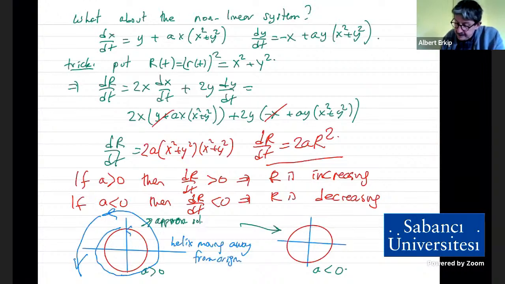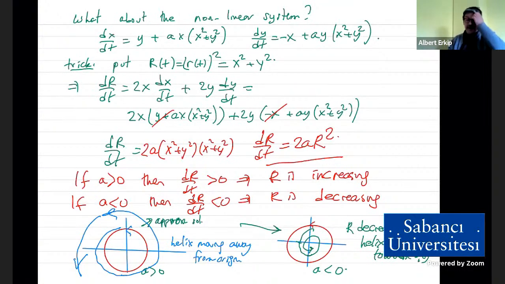And again, in this case, this was the standard solution, but here r is decreasing. r decreasing says a helix moving towards the origin. So the picture is like this. So you see the circle case is not really included.